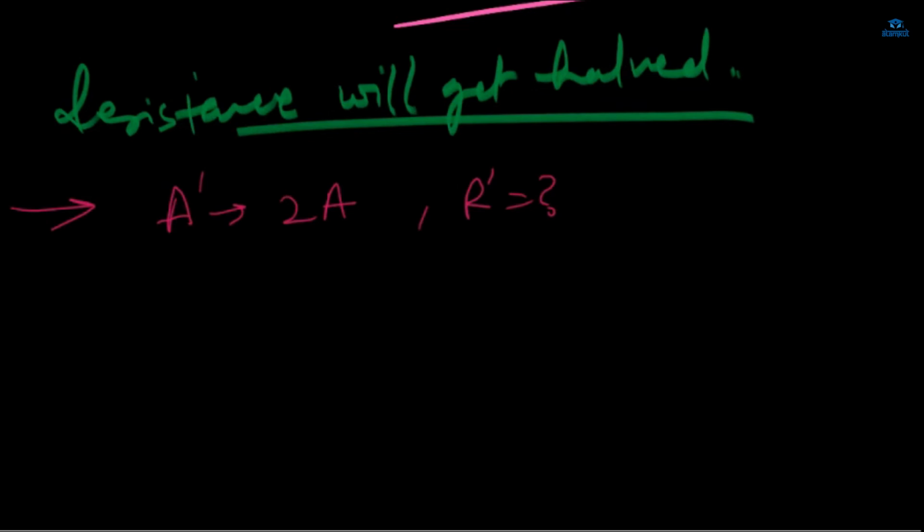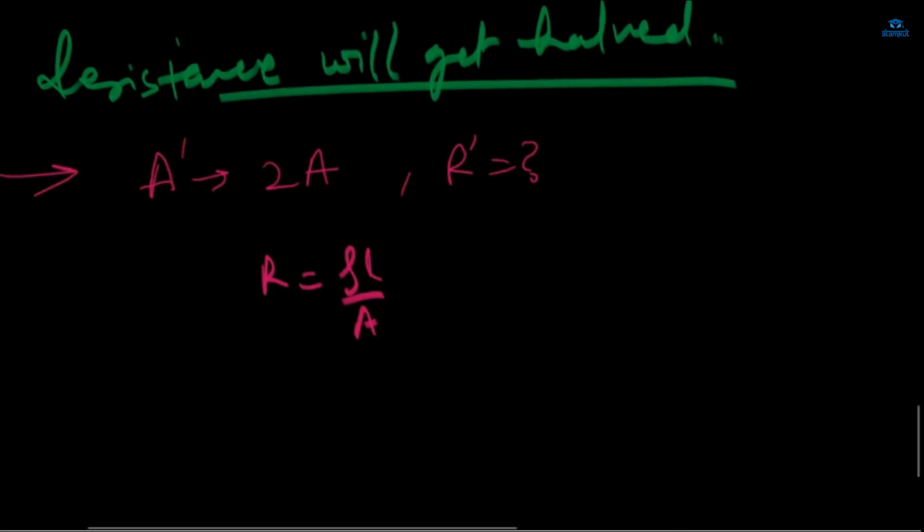Ma'am, you'll have to use the formula. So R is equal to rho L by A. Yes, exactly. Then you put the value for that. Let these be the new length and area. There is no talk of length, so we will just put L, but in place of A dash, what will we write? 2A.